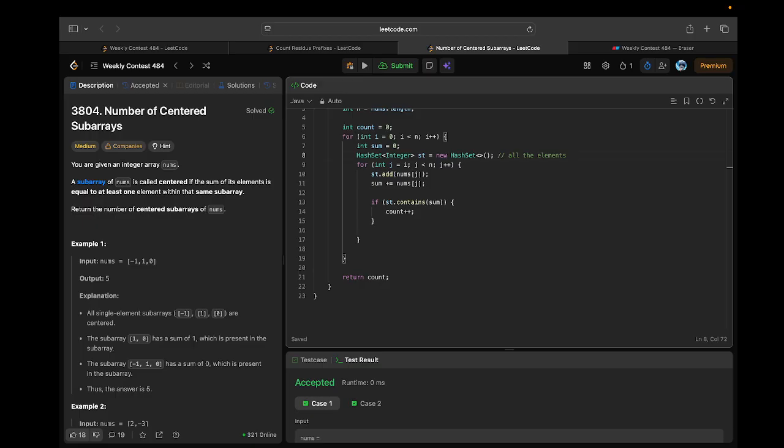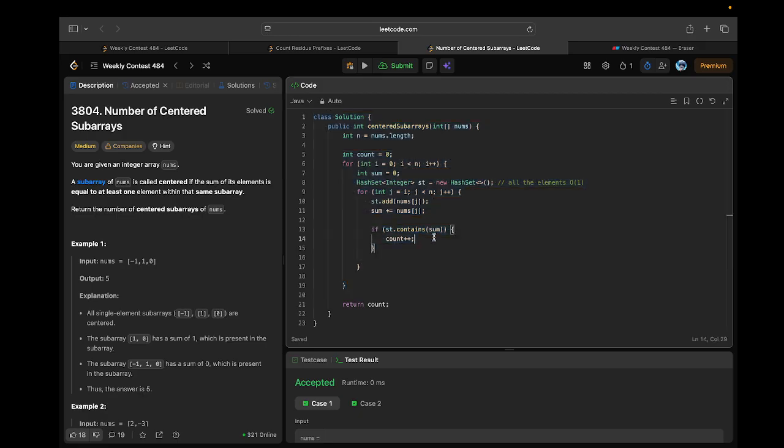The hash set tells me if an element is present or not in one time, which helps me avoid running another loop. I include that inside the hash set. After calculating the sum, I check if the hash set contains the sum. If it does, I simply increment the count. If it is not the case, then we do nothing.